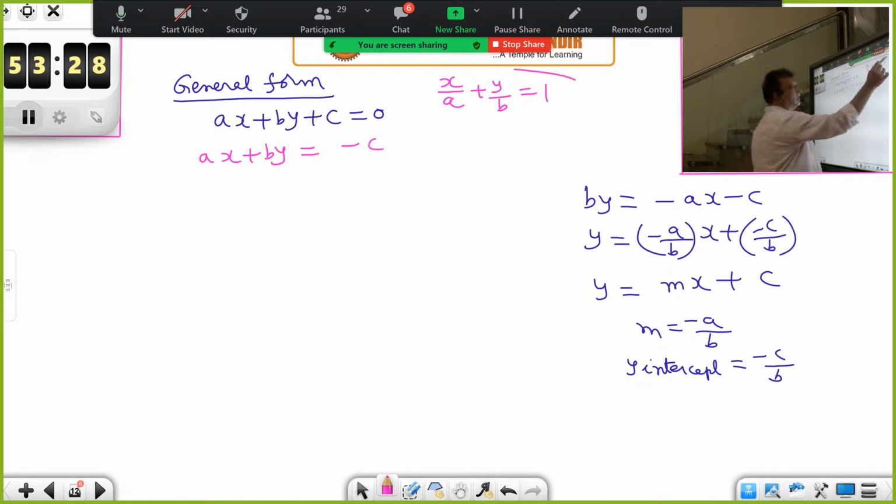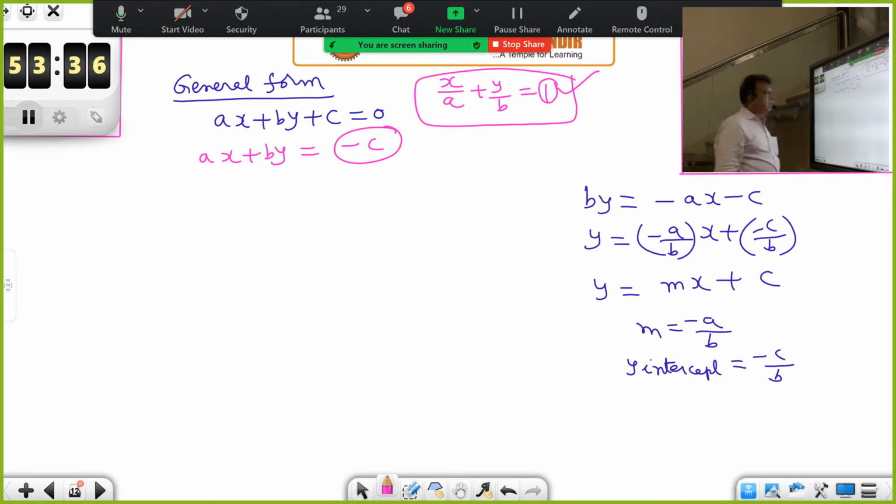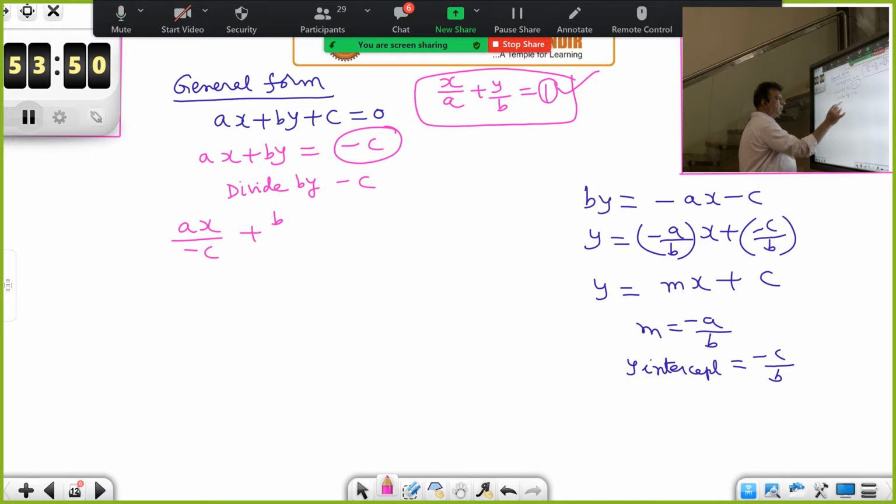Then see in the normal intercept form, right side constant is 1. So we have to make 1. So what should we do, Shilpita, to make 1 on the right side? Correct. Divide by minus c. Then you get ax by minus c plus by by minus c is equal to 1.